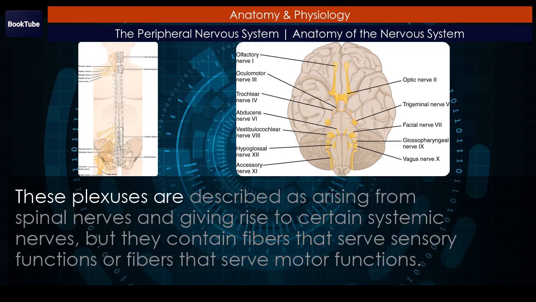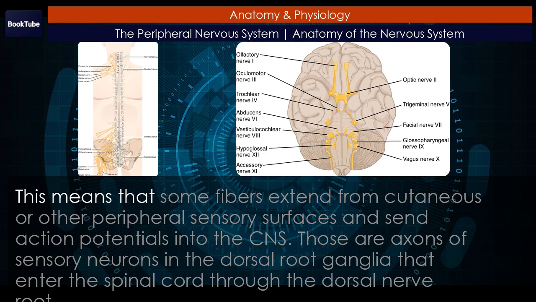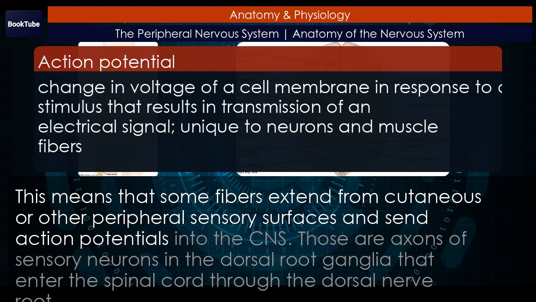These plexuses are described as arising from spinal nerves and giving rise to certain systemic nerves, but they contain fibers that serve sensory functions or fibers that serve motor functions. This means that some fibers extend from cutaneous or other peripheral sensory surfaces and send action potentials into the CNS.